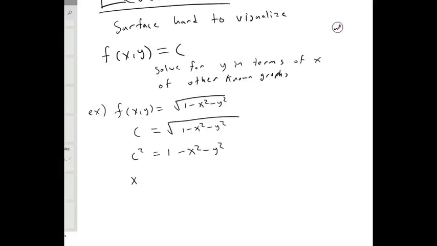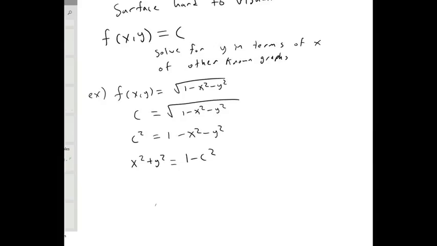If we solve for x squared plus y squared, we get x squared plus y squared equals 1 minus c squared. And we can see that this is a circle, and the radius of the circle is the square root of 1 minus c squared.